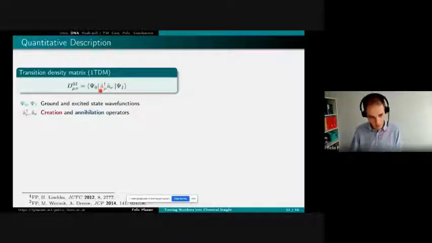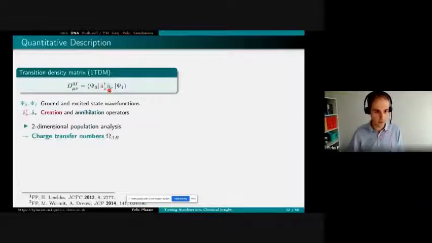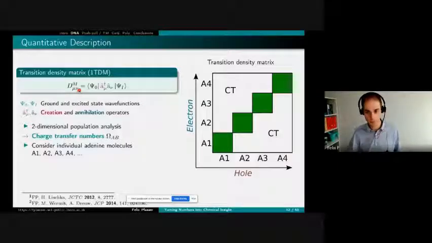When you think it through, the one that pertains to the excited state is the electron, and the one that pertains to the ground state is the hole. So this matrix tells us where the hole and the electron are. If this is our matrix in a schematic way, then we have the hole here, the mu index, and the electron here, the nu index.